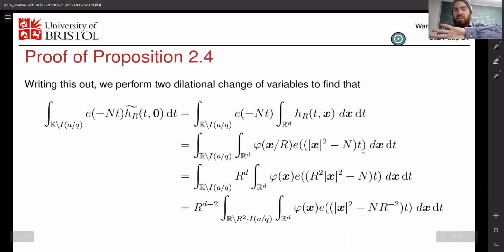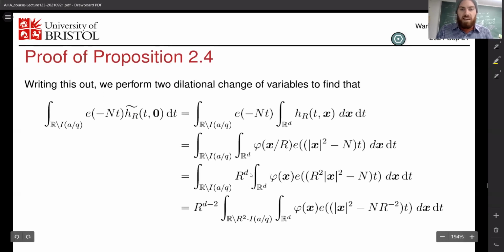I will do a dilational change of variables, sending x to r times x to make this phi function uniform, so that my range of integration here is going to be uniform. That, of course, pulls out a factor of r squared over here. And now for t, I'll just take out that factor of r squared. I will send t to t over r squared.